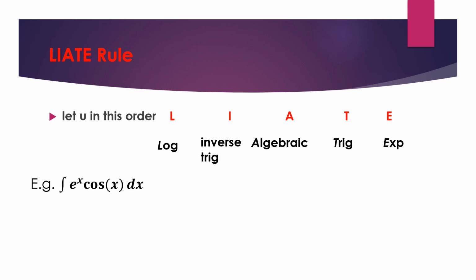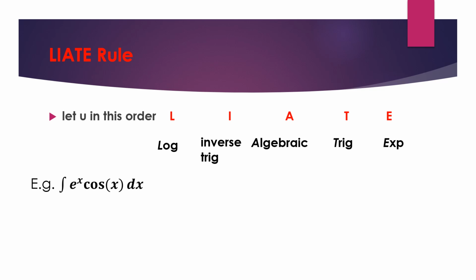Let's see an example: the integral of e^x cosine x dx. How do we choose u? Here is the product of an exponential and a trig function. By the rule, trig comes before exponent, so we let u be the trig.